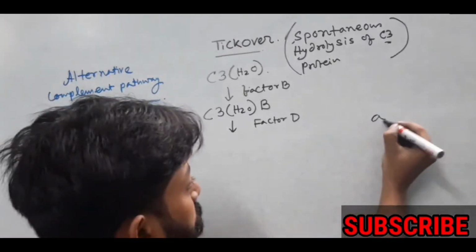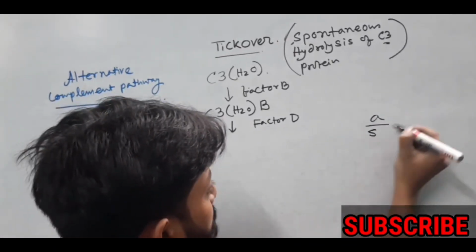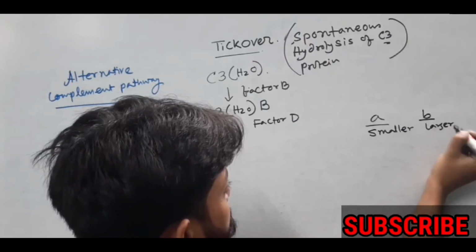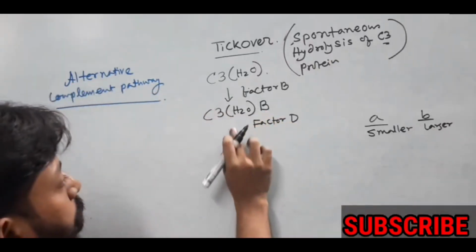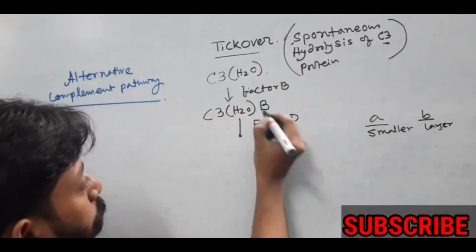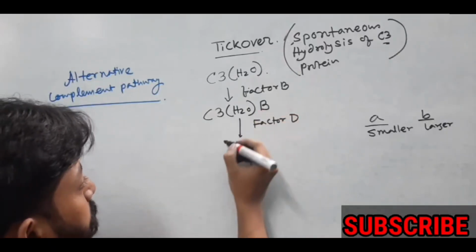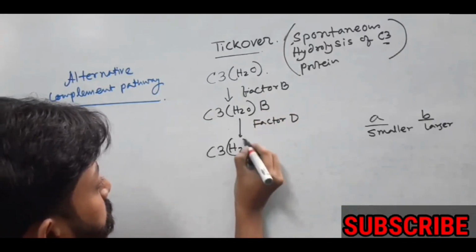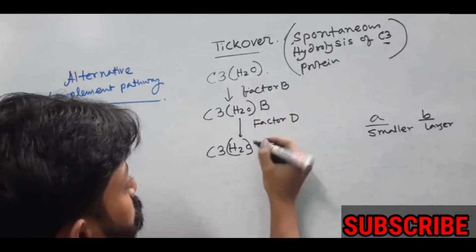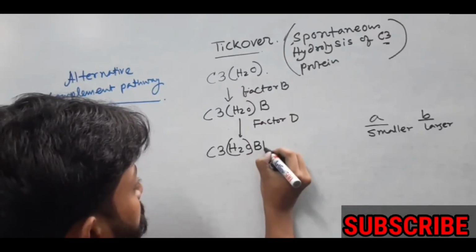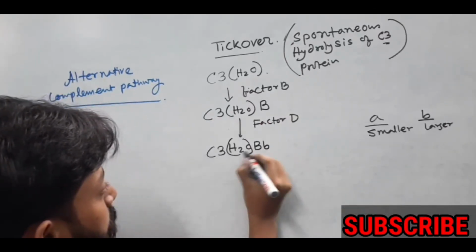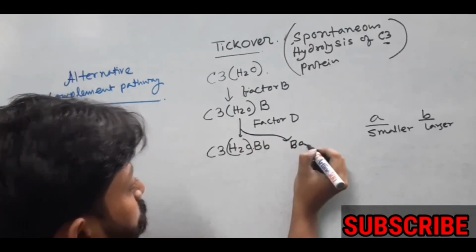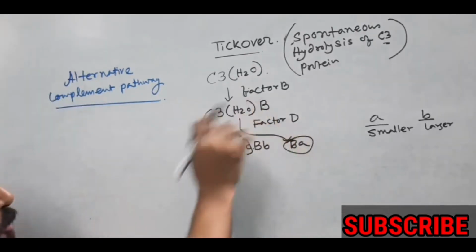One is a, the smaller fragment, and b, the larger fragment. In this case also, factor D cleaves this B protein, and B is cleaved into two fragments: Bb, which is attached with this complex, and Ba, which is released.